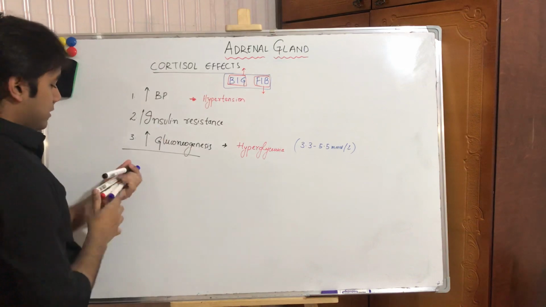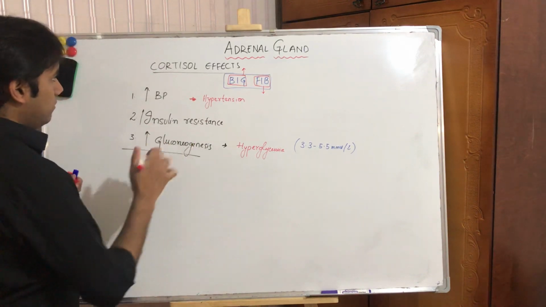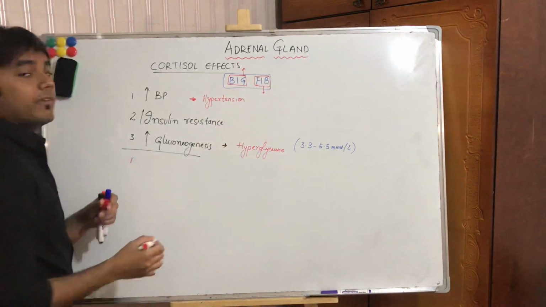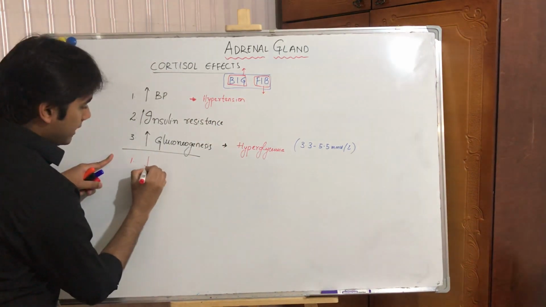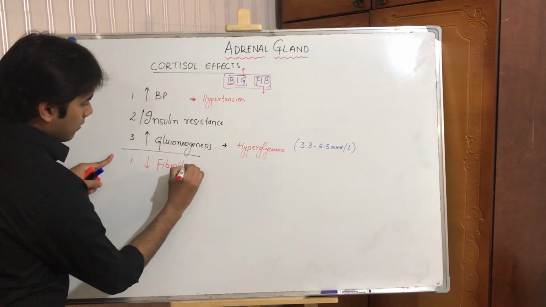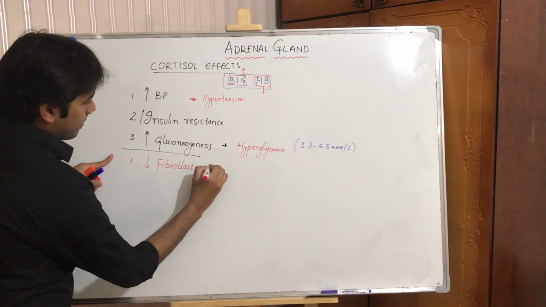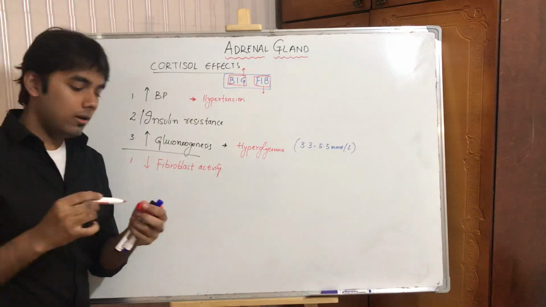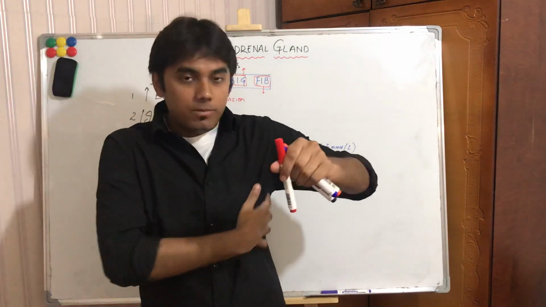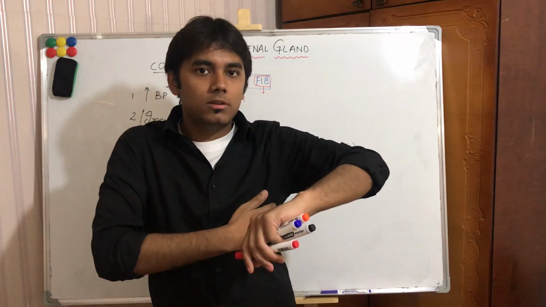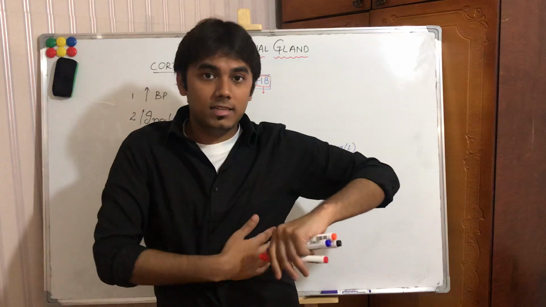And now the next three effects. Next three effects are F. F in the sense fibroblast activity. So there will be decreased fibroblast activity. Have you seen, in fat people, there will be some stretch marks on the body here and in the inguinal regions and under the arms, in the axillary creases.